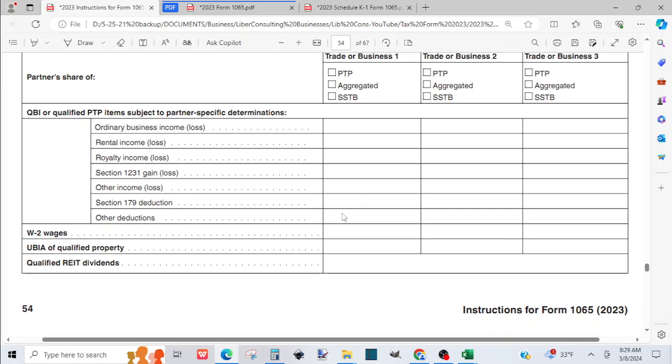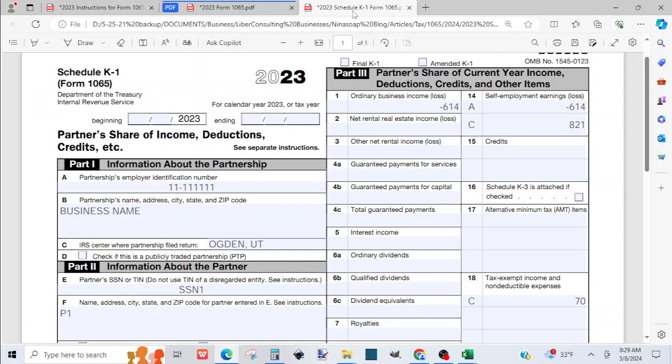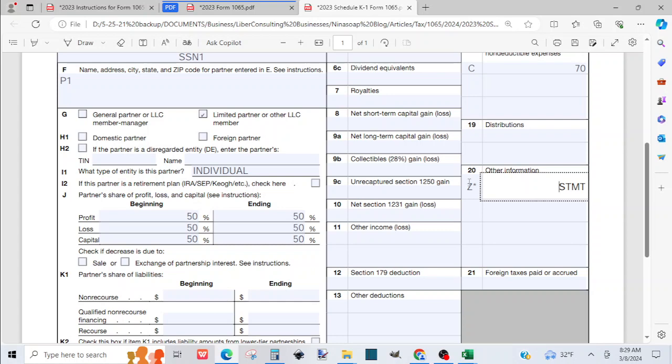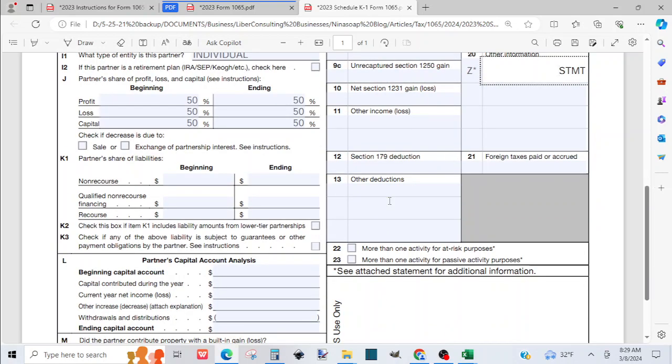I'll do that for each Schedule K1, and that attachment will be added to your Schedule K1 for line 20 with code Z. And this one we can save it.